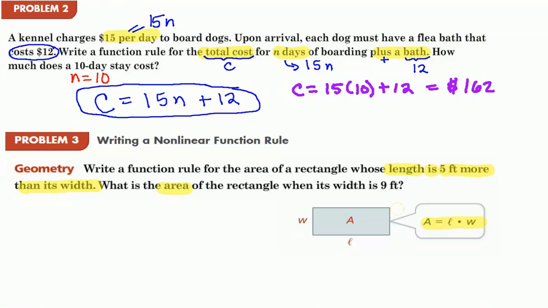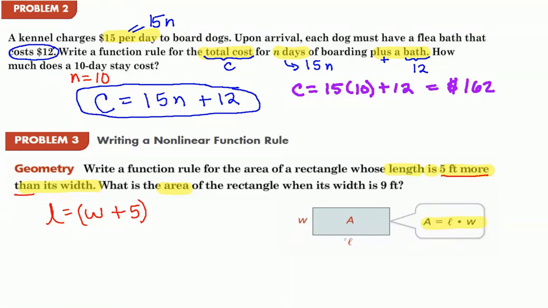But we don't have a length. What we have is that length is 5 more than its width. So the first thing we want to do is substitute the value of L, the length. Length is 5 more than its width. When you see 5 more than, that means we put the 5 behind. 5 more than its width, so that's W. So length can be viewed as W plus 5.